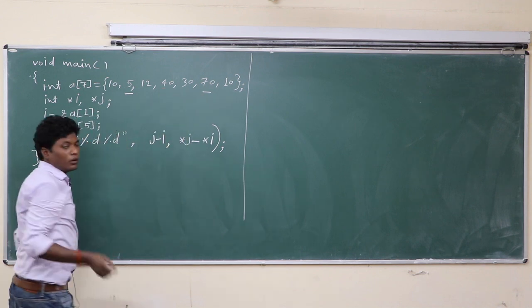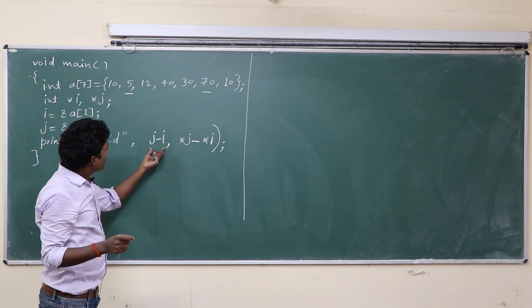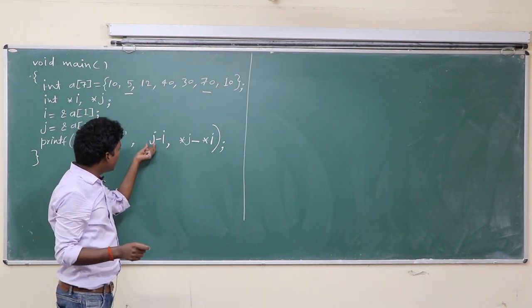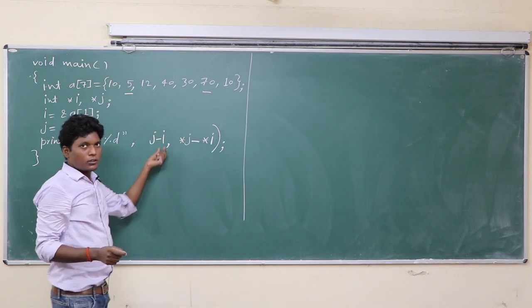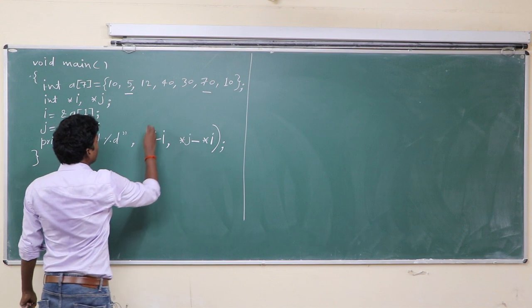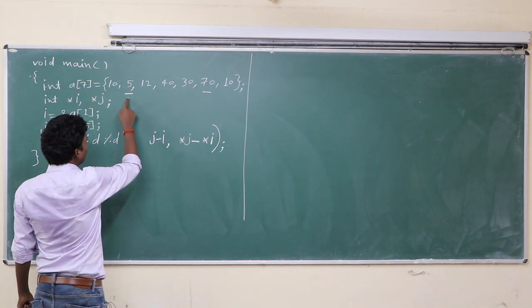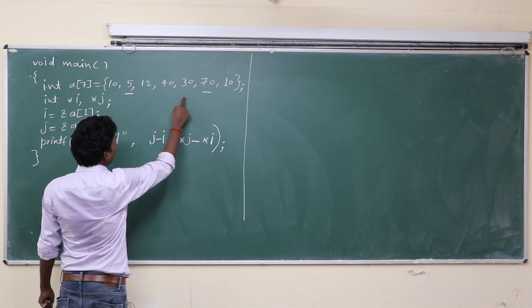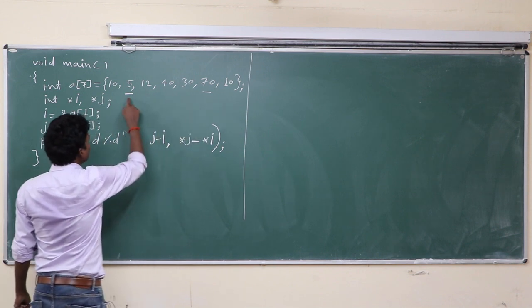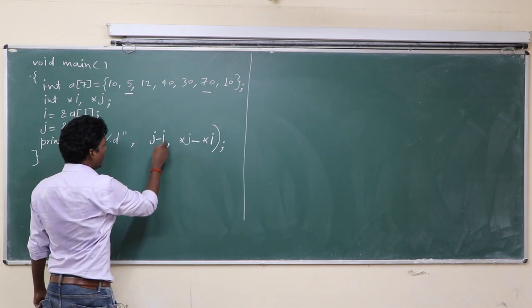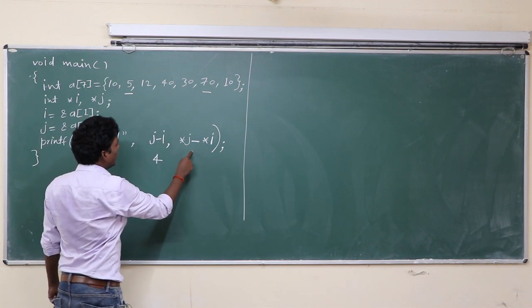Basically j is 4 integers apart from I. Here is a of 1, index values 0, 1, 2, 3, 4, 5, minus 1, here is 4. Output will be 4.